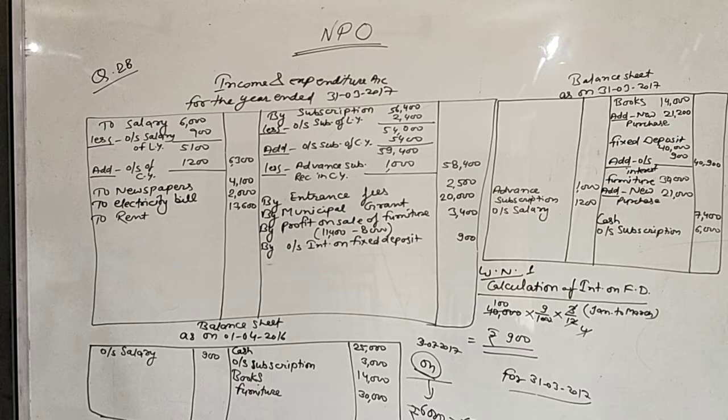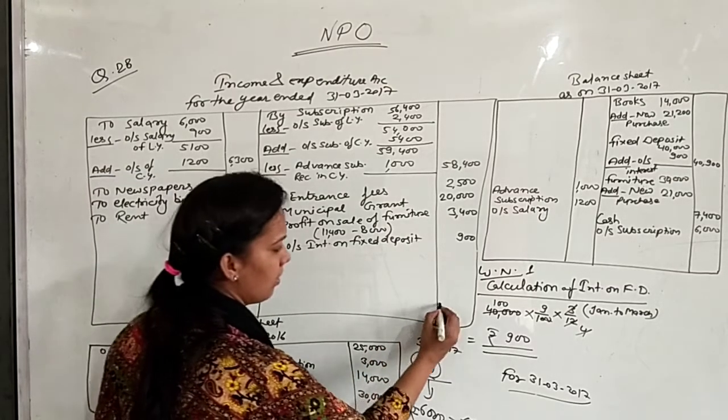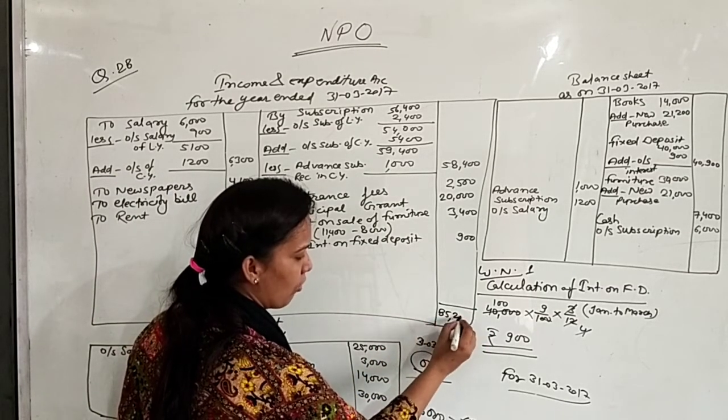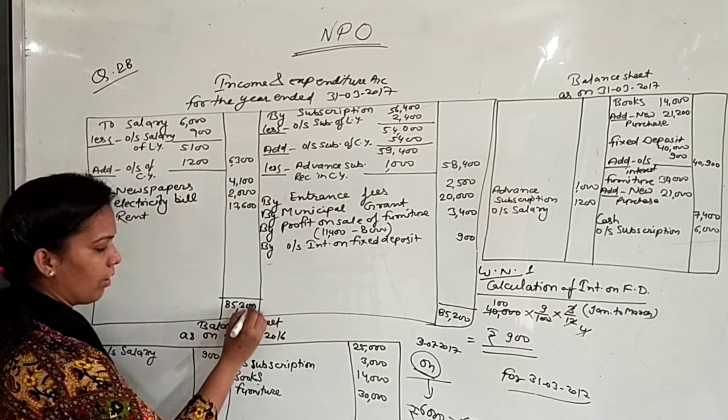Now just get the total of, first of all, the income and expenditure account, then the opening balance sheet and then the closing balance sheet. First of all, get the total of the income and expenditure account and check whether there is surplus or deficit. You will get an excess balance on the credit side, that is 85,200 rupees.